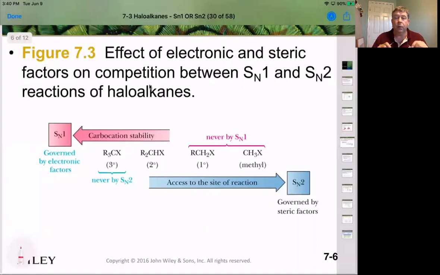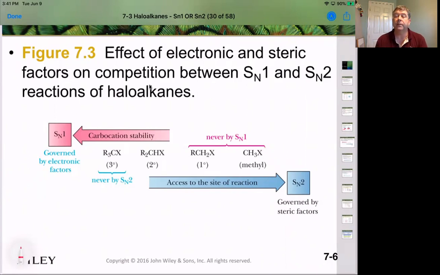Okay, so that being said, our tertiary and secondaries are more likely to go SN1 because they can form stable carbocations. Specifically, tertiary alkyl halides form the most stable carbocations, and because of sterics, they never do SN2 reactions. Okay. On the other side of the spectrum for sterics, we have the methyl and the primary alkyl halide.